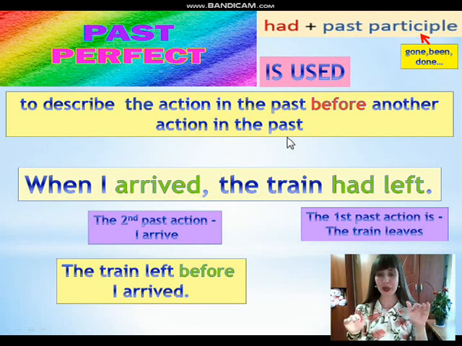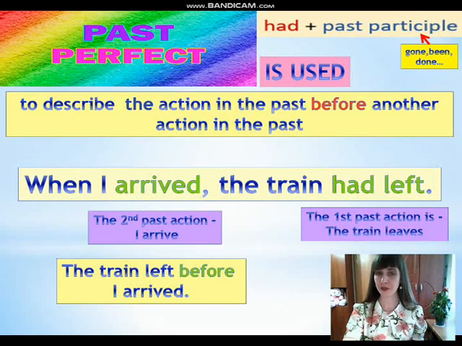So, as you see, we have two actions, right? And one action happens before another action in the past. Let's have a look at our example. When I arrived, the train had left. So, the first past action is the train leaves.